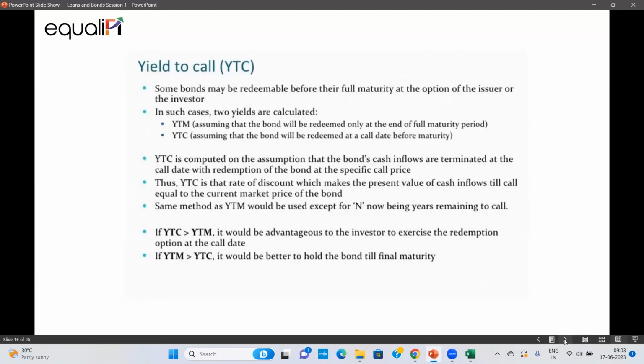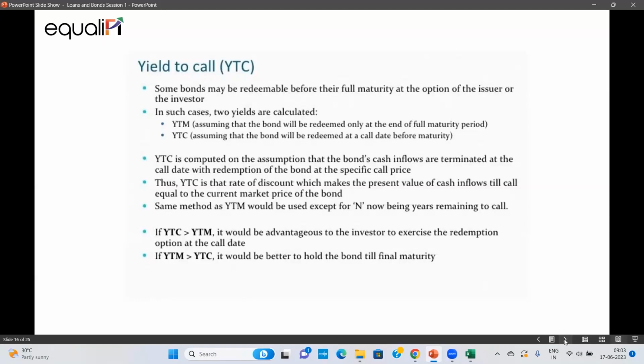If YTC is greater than YTM, it would be advantageous for the investors to exercise the redemption option. So what happens is, if I call the bond and it is giving me financially a better amount compared to the option if I wait till maturity, then obviously it makes sense to exercise the redemption option.